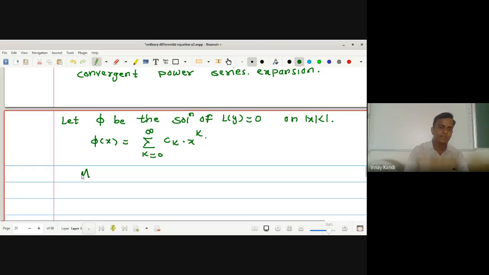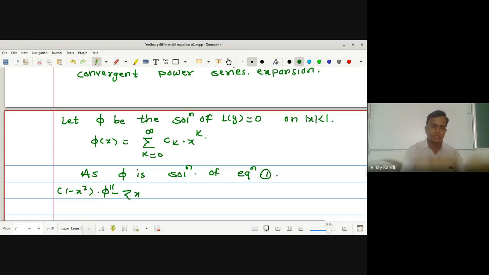Now as phi is the solution of equation 1, we have 1 minus x square into phi double dash minus 2x into phi dash plus alpha into alpha plus 1 into phi, which is equal to 0.